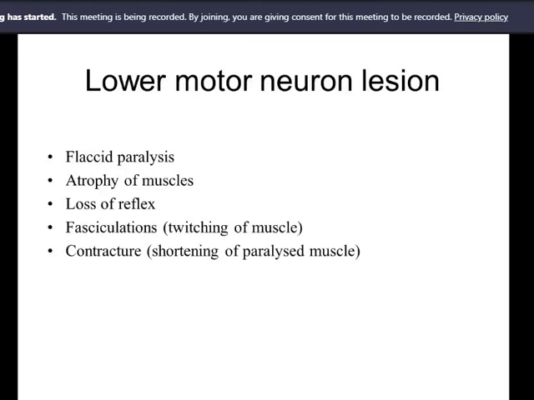Just like that, if the upper motor neuron is cut, teacher is upper motor neuron and students are lower motor neuron, thinking that way. If the upper motor neuron is cut, the teacher became very angry and left the class. Then first of all, there will be no reaction, nothing else in the muscle.